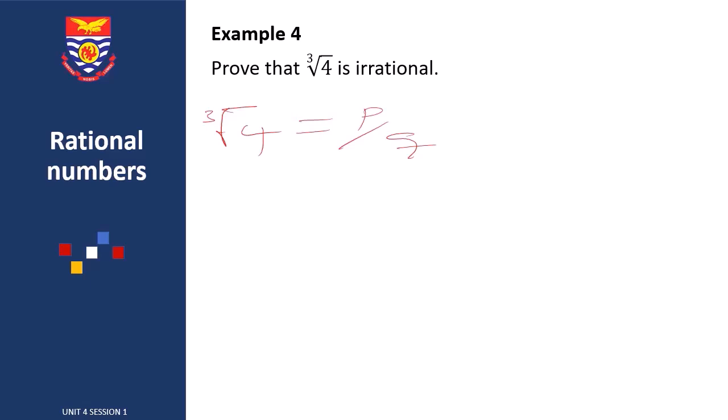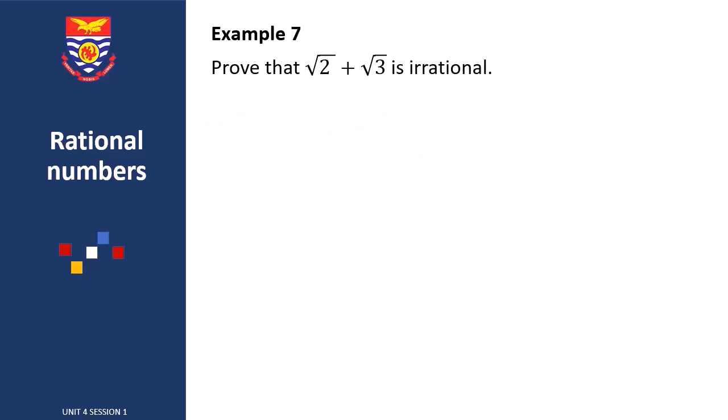So let's look at the next example. This is in your course material. We want to prove that square root of 2 plus square root of 3 is irrational. The same contradiction proof. So let square root of 2 plus square root of 3 equal p on q. Here it means that we are assuming that it is a rational number.